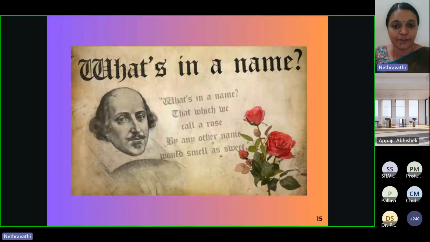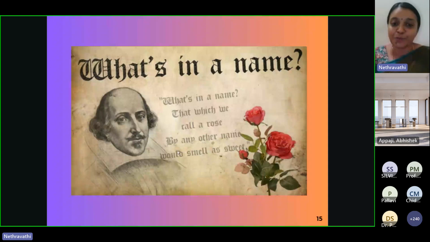Here I have quoted one line from Shakespeare: what's in a name? Shakespeare says that which we call a rose by any other name would smell as sweet, right? That means even if you don't call that flower by the name rose, it would smell as sweet. It won't lose its fragrance.